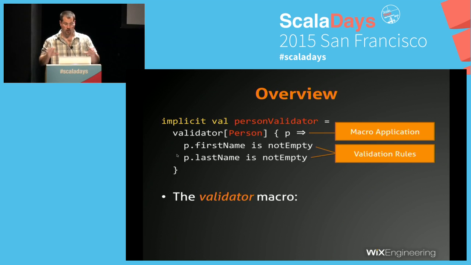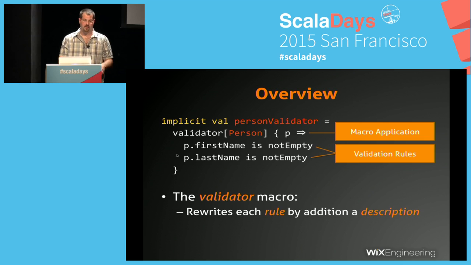So we have the whole code block, that's the macro application, and we have that set of rules that reside within the provided code block from the user context. So the validator macro basically takes each validation rule and rewrites it.